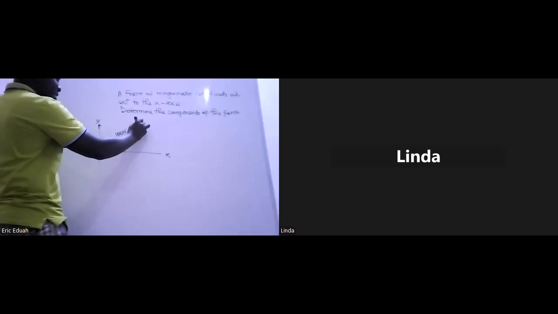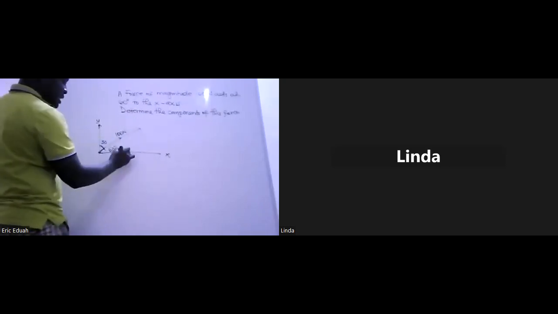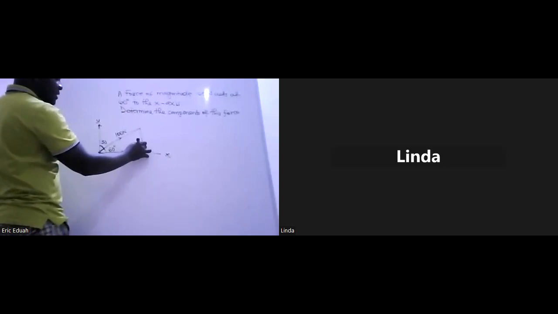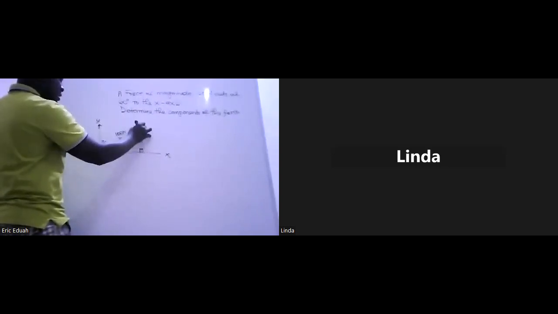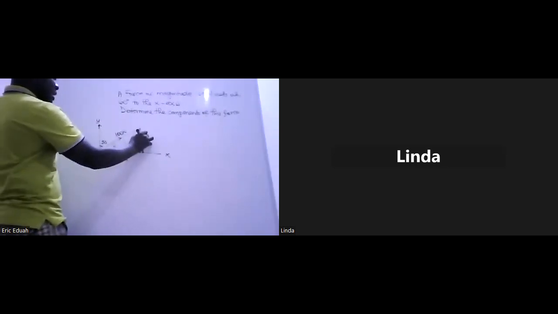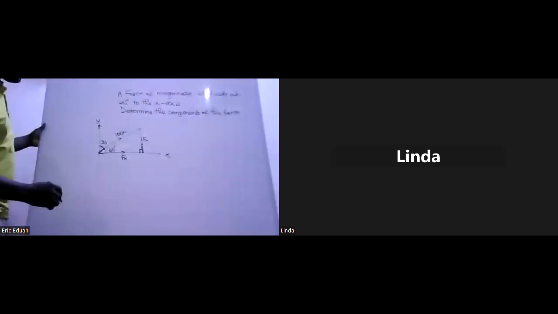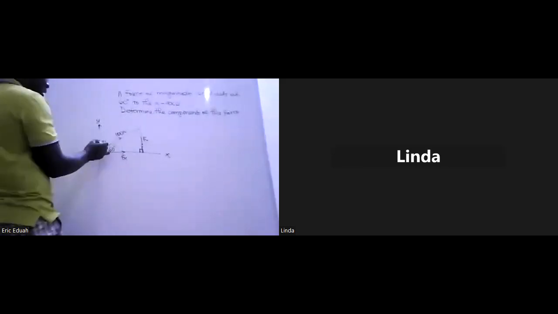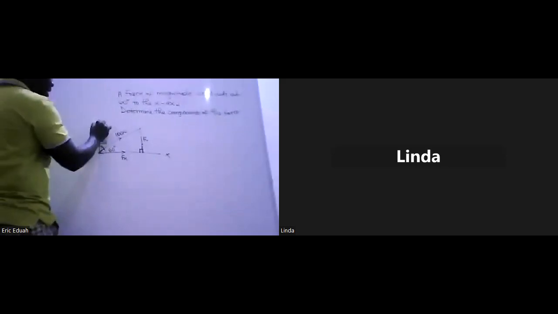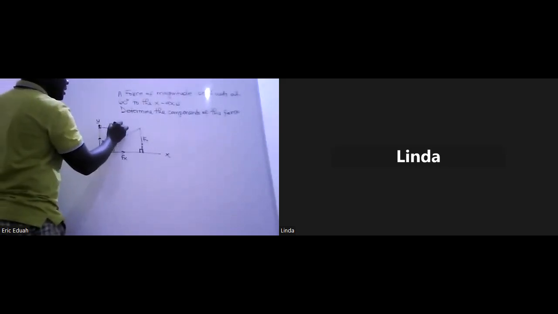So when we use x, this is the adjacent, and a perpendicular line to the adjacent gives us the opposite. So this becomes Fx, this becomes Fy. When we use the angle it makes with the y, this side becomes the adjacent, and a perpendicular line to the adjacent would give us the opposite.